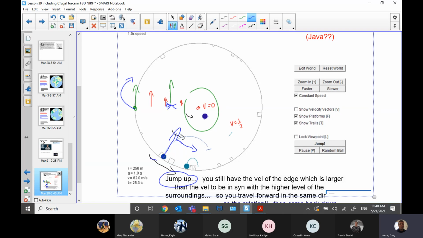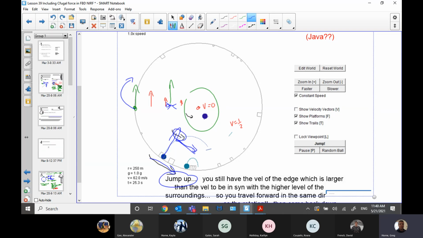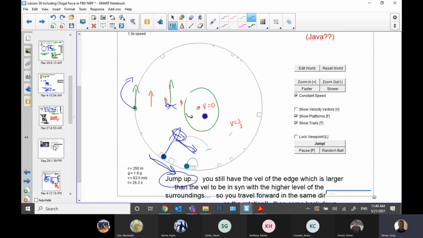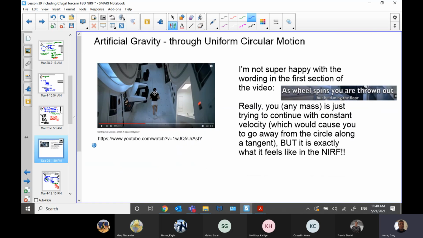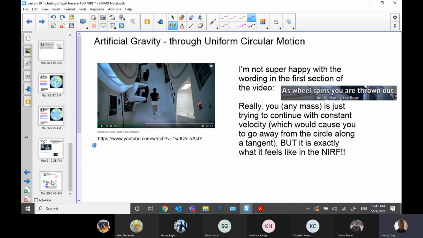So if you jump up and down, in this scenario, every time they jumped, they'd land a little further ahead than where they jumped because of their velocity sideways.